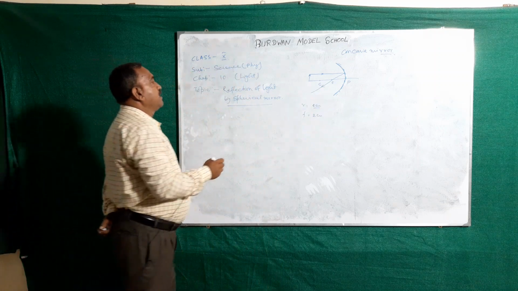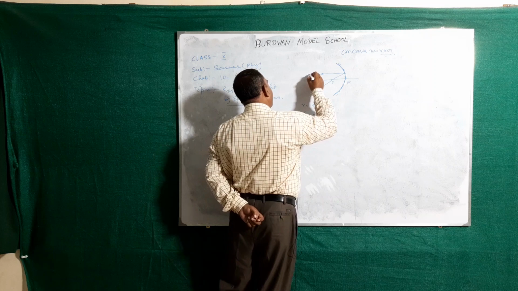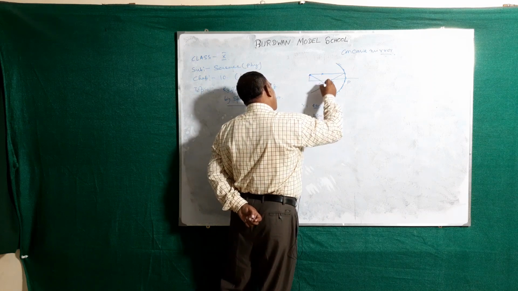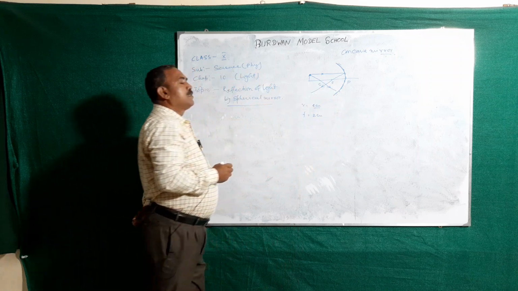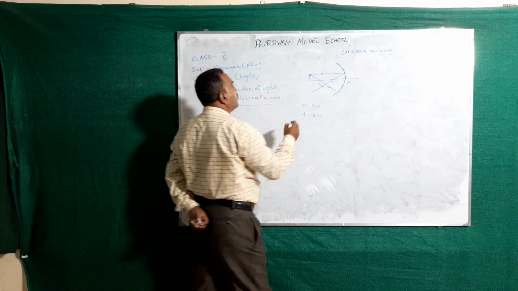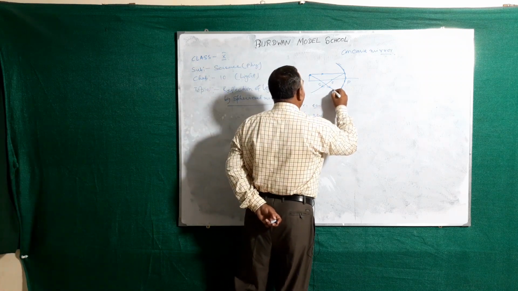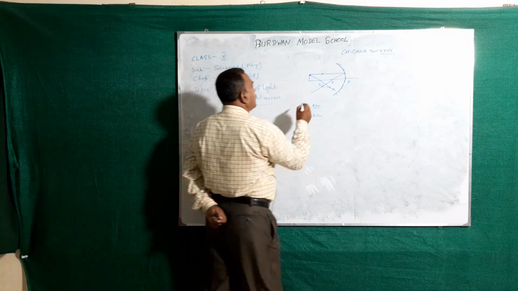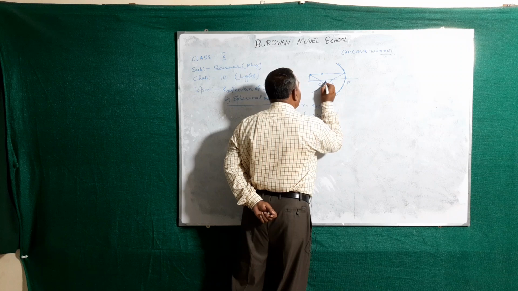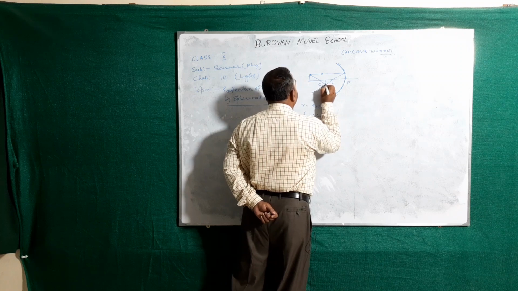Next, if the incident ray passes through the center of curvature, the reflected ray will come back along the same path. The formation of the image is here.